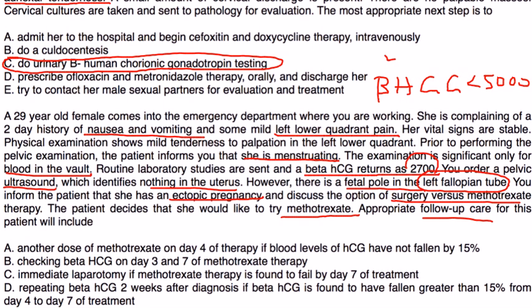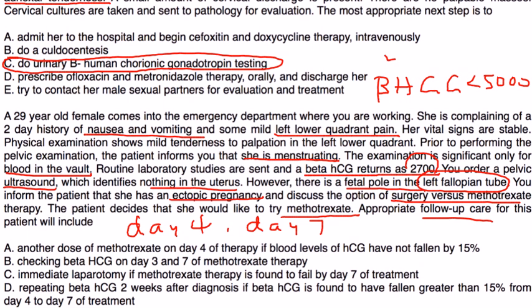So if you give methotrexate, there's a very specific way to follow up, and that is on day 4 and day 7. You have to measure the beta-HCG level, and if the beta-HCG level drops by greater than 15%, then you know that the treatment is working.